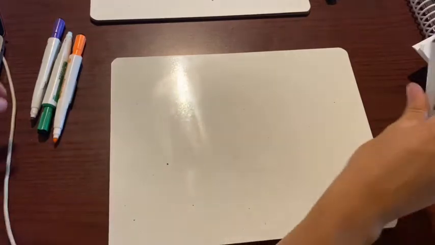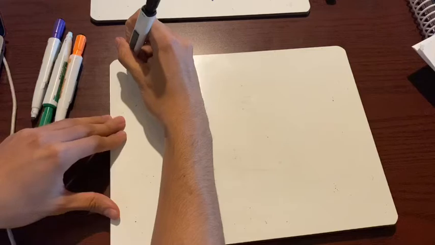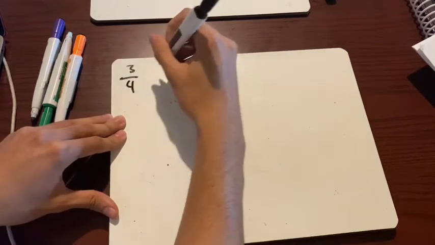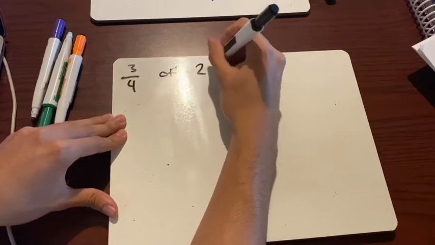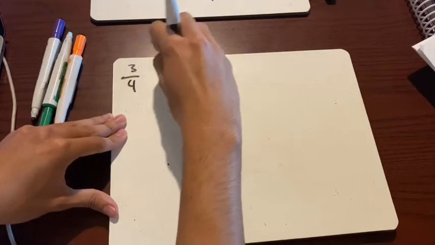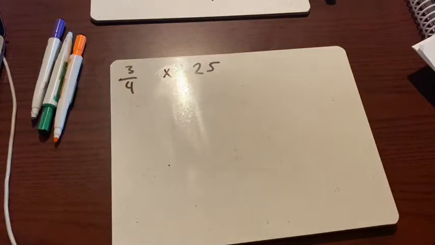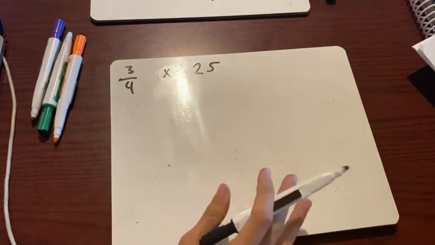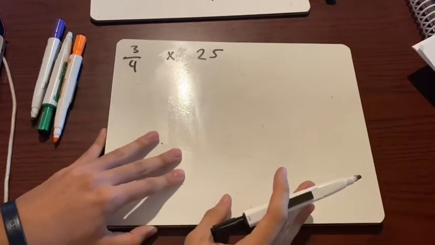Let's say that I have a problem of 3/4. Instead of saying of, I'm going to put in the multiplication sign, because remember, that's what we are doing. 3/4 times 25. Well, let's start it off the same way we have with the other problems.